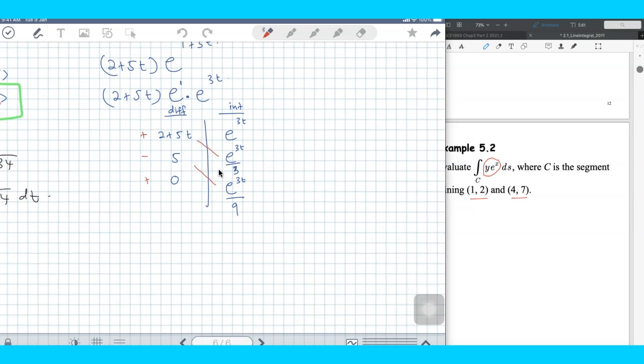Okay, so now you will get the answer directly. You have (2 plus 5t) e to the 3t over 3 minus 5 over 9 e to the 3t. So that is your answer using the tabular method.